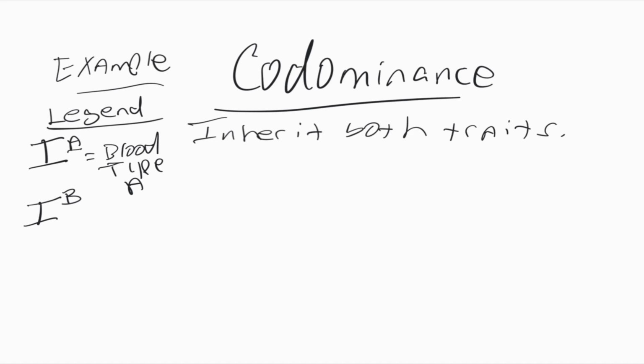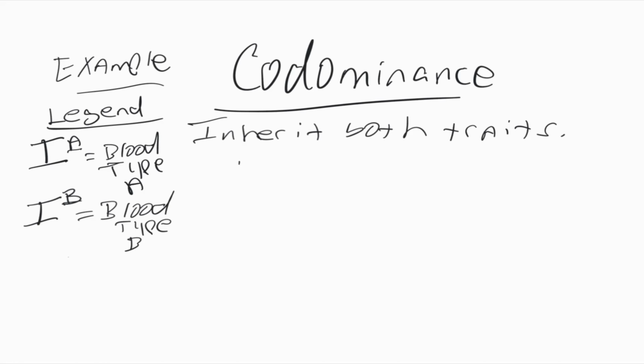So you have blood type A and blood type B, and we write B with I subscript B and A with I subscript A. We also have O, I subscript O, but I'm only going to be focusing on A and B for now. We will erase the IO. We don't need that one for now.